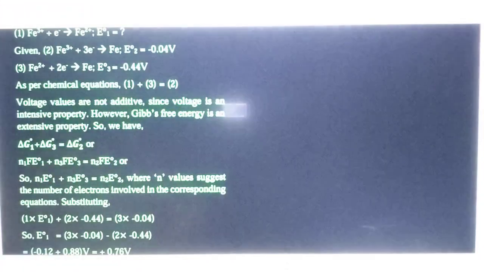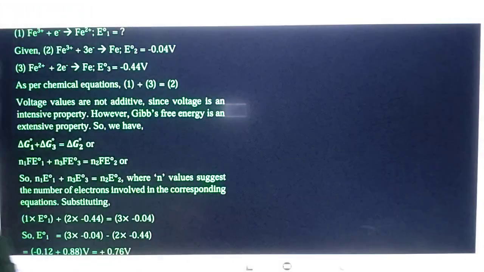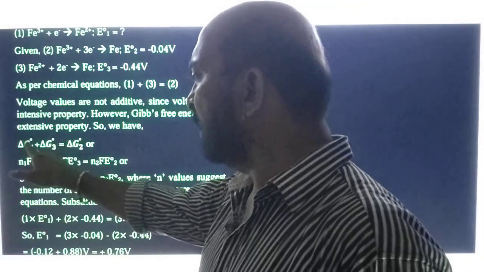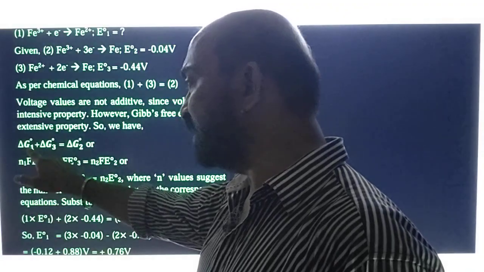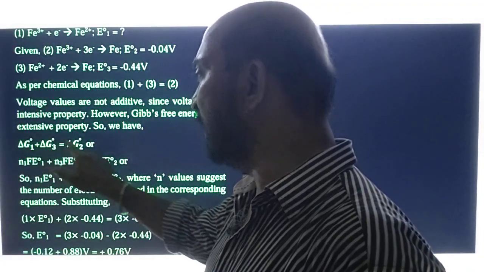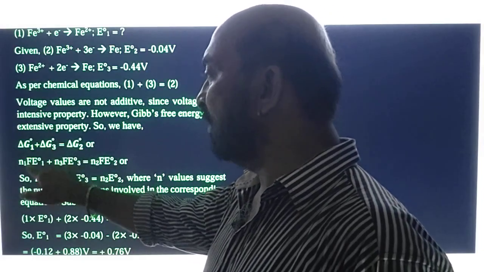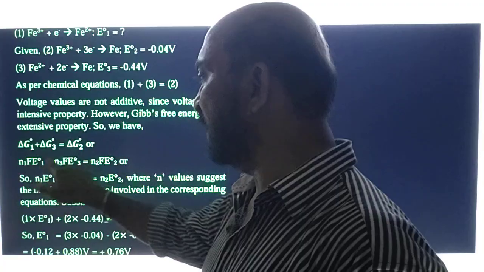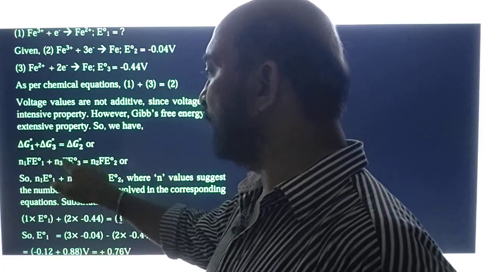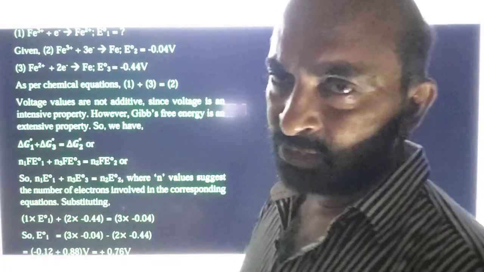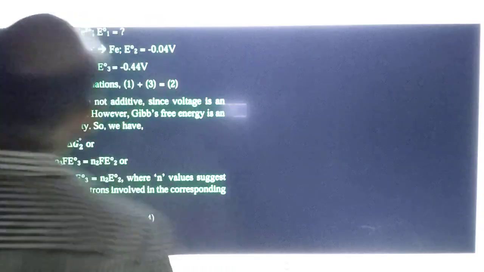We know delta G is equal to minus nFE, an equation we study. So delta G1 standard plus delta G3 standard is equal to delta G2 standard. We substitute n1 F E1 standard plus n3 F E3 standard giving n2 F E2 standard. Got that? Then you substitute.